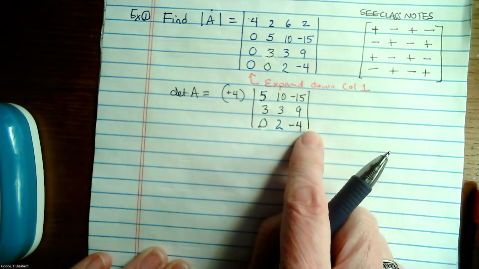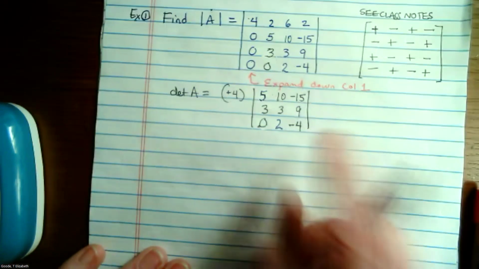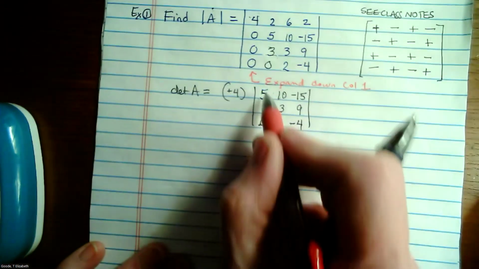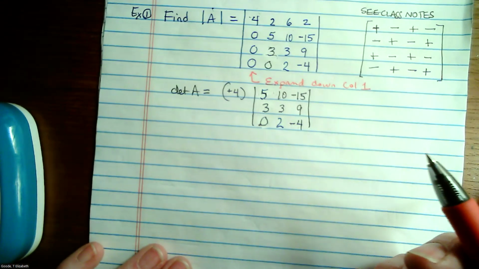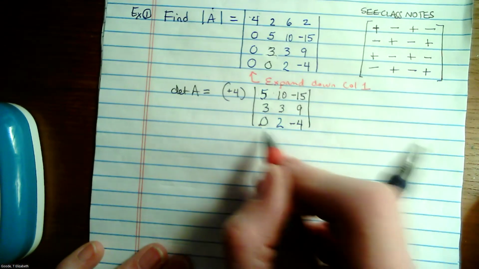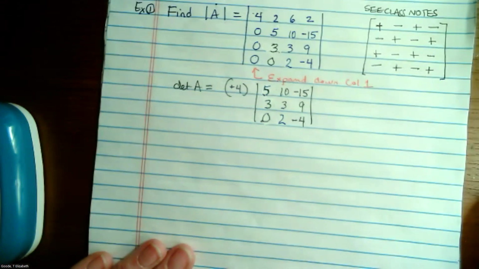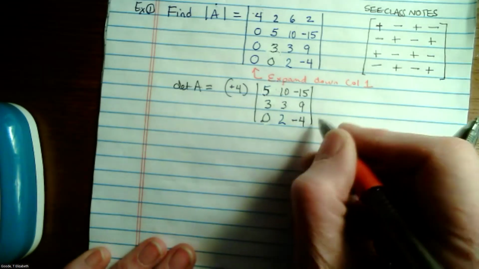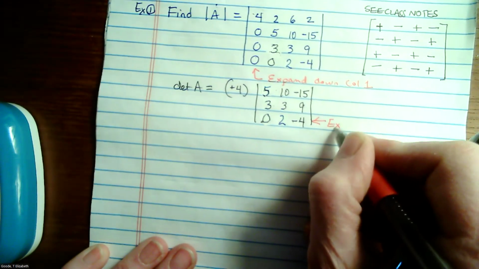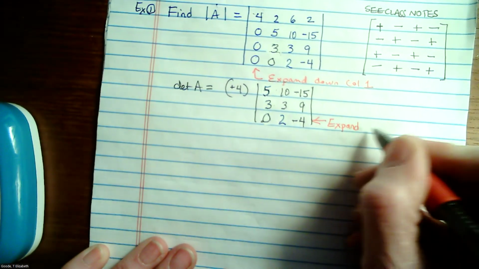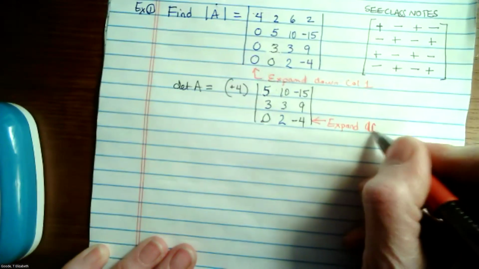Shall we do that? You see what I mean? We've got 1, 0. It's going to be six of one and half a dozen of the other. But would you rather do the column or the row? Maybe the row? Okay, we're going to expand across row three just so that we get something different going on.